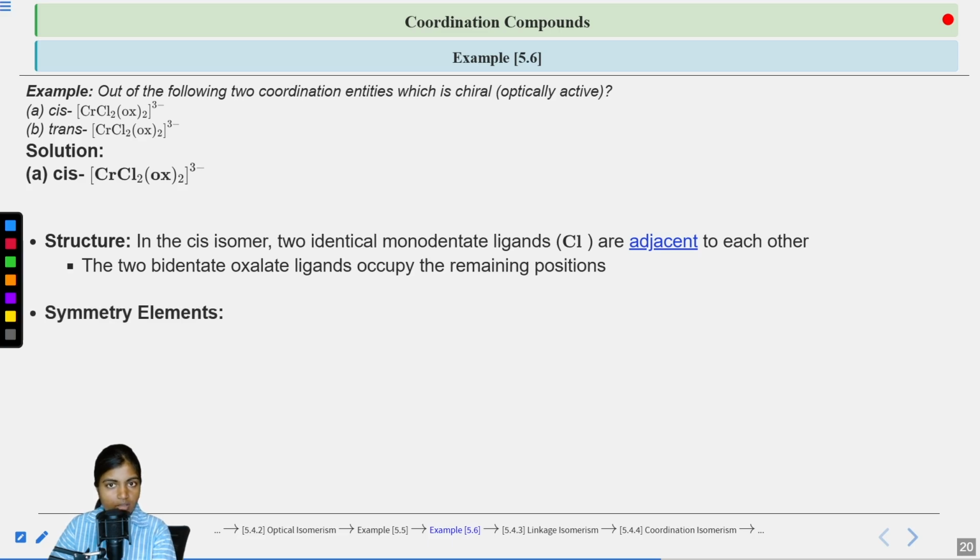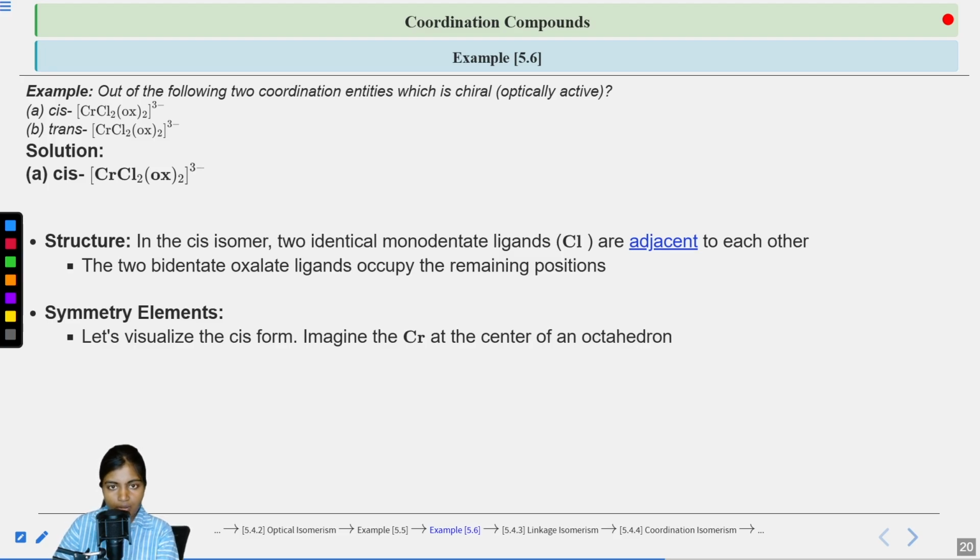Symmetry elements. So let's visualize the cis form because we are considering the cis form. Imagine that the chromium is at the center of the octahedron, because this is an octahedral complex where two ligands are unidentate and the two ligands are bidentate. Now two chlorine atoms are going to be on the adjacent corners of the octahedron.